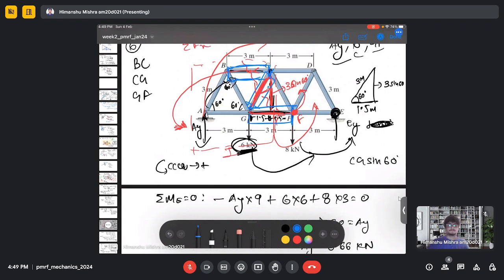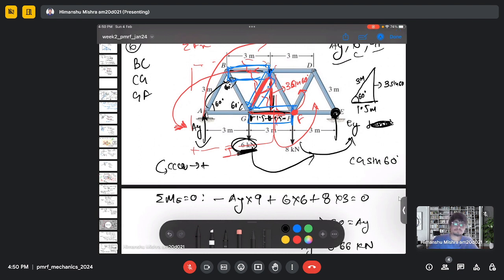So any doubt? Yeah. Method of section, that we are taking moment about any point, any joint.